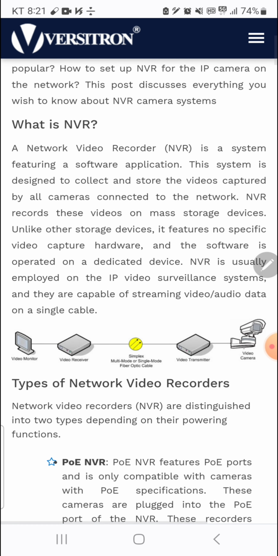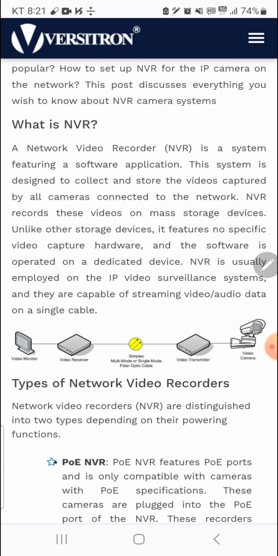Very good. What is NVR? A network video recorder. NVR is a system featuring a software application. This system is designed to collect and store the videos captured by all cameras connected to the network.